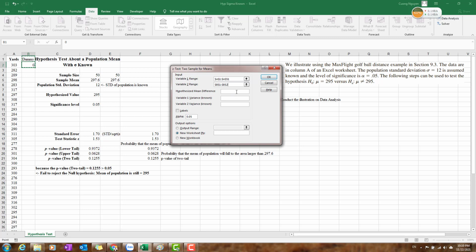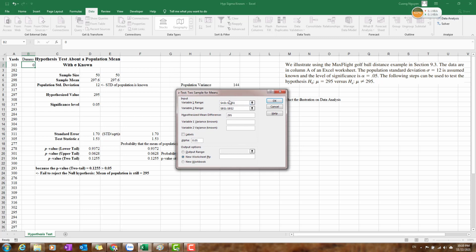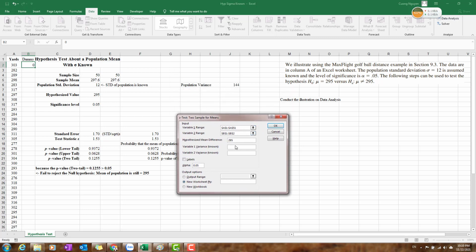Okay, hypothesized mean difference, let's set it to 295. The variance of variable 1 is already known, and I created and downloaded it, so it should be 144.